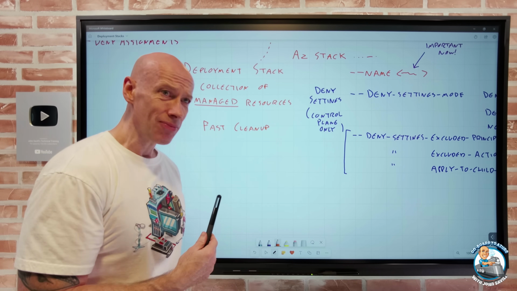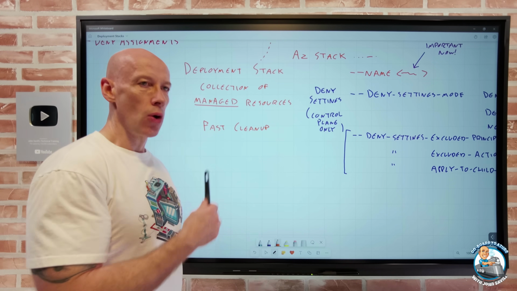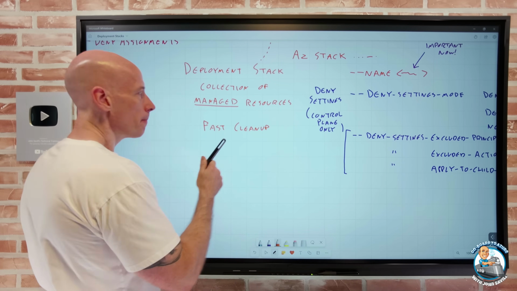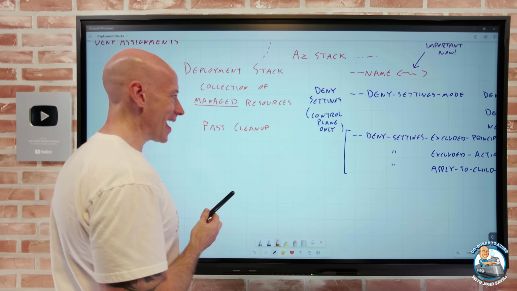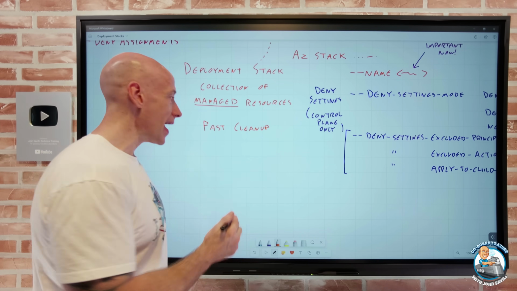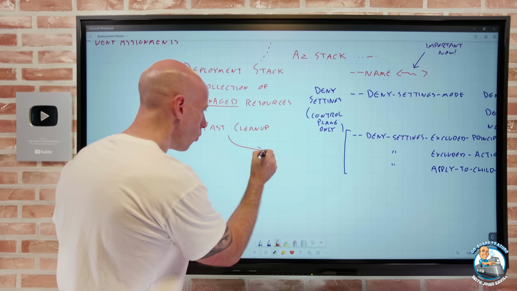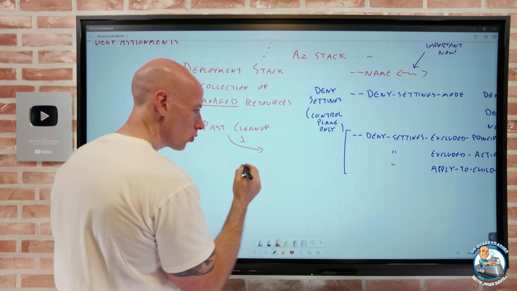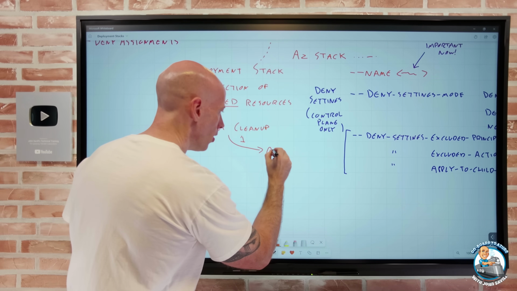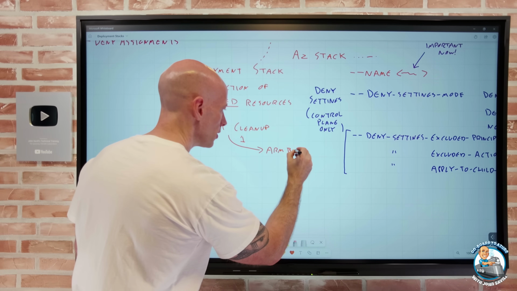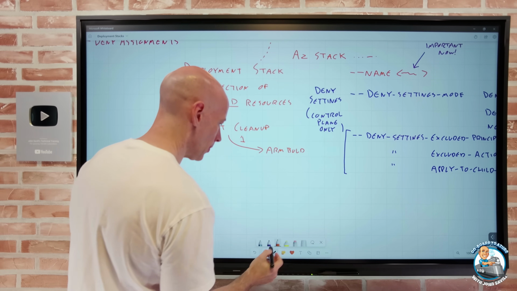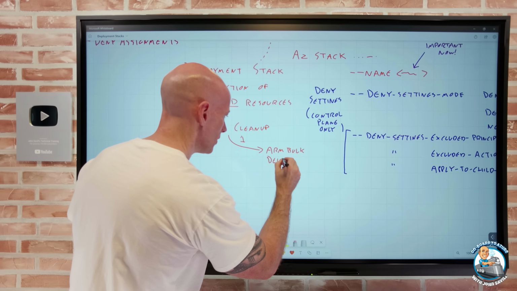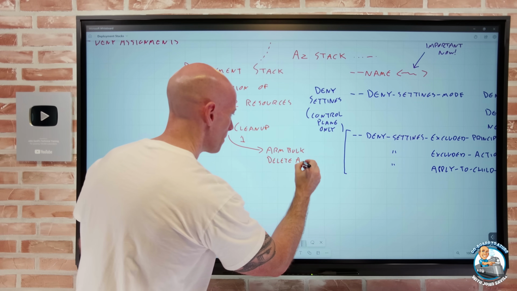So that delete would be really, really slow. It would take a long time to go through and delete each resource. What I get with these deployment stacks is if I delete the stack, it makes one call to the ARM bulk delete API.